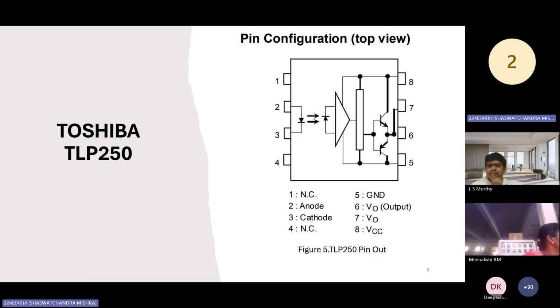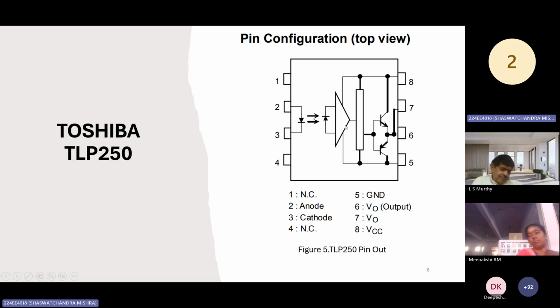It consists of an IR LED. This IR LED will emit IR light onto this photoreceptor. Whenever this receptor receives light from the IR LED, it will produce some voltage difference across the inverting and non-inverting terminals of this op-amp.